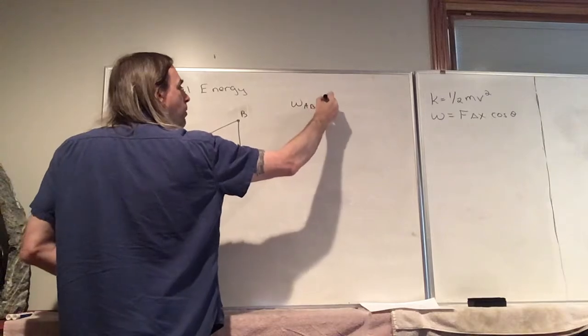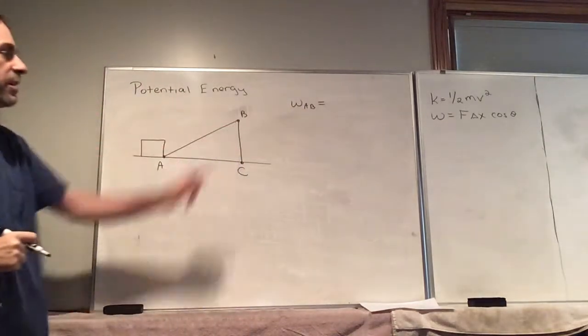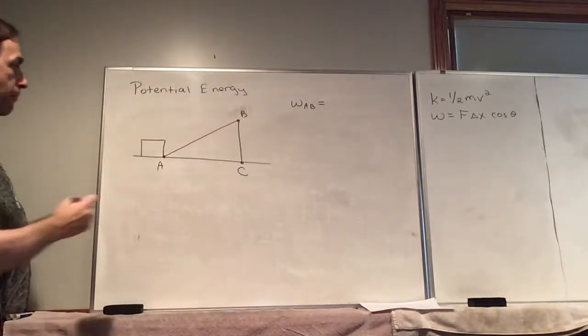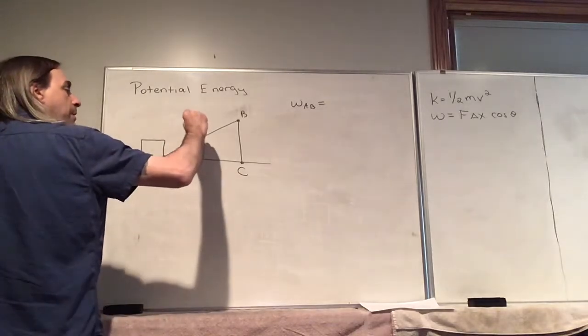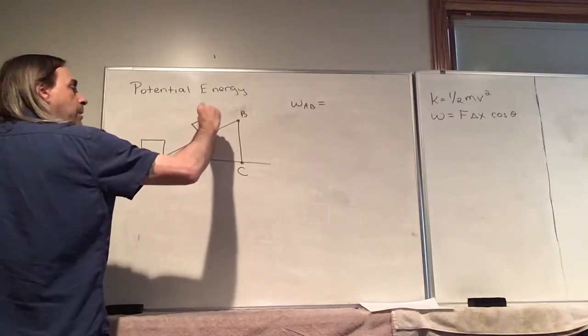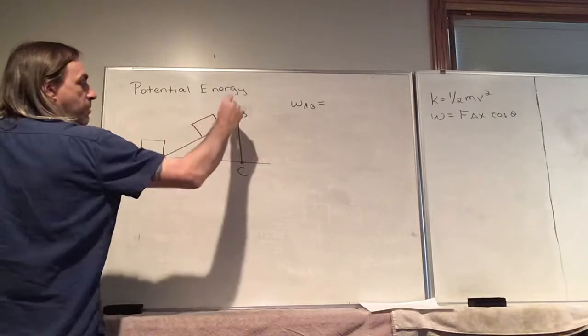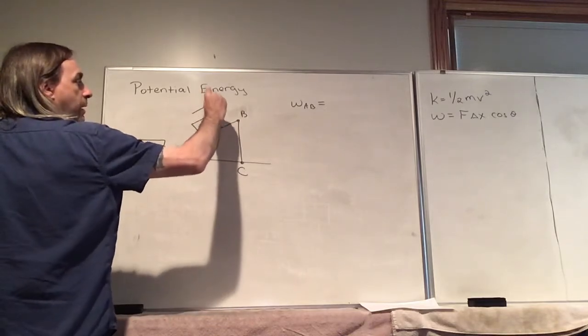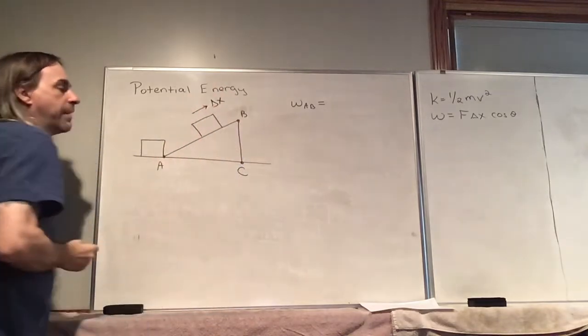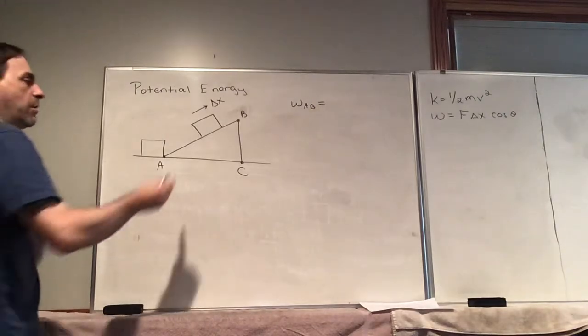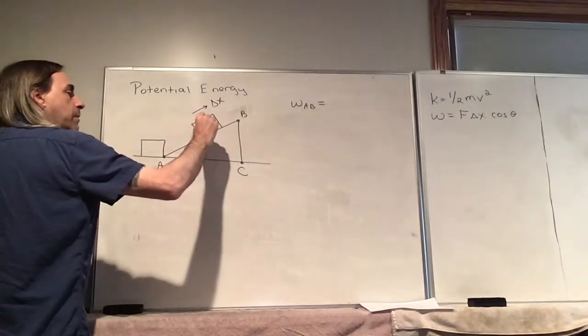So we're going to start with the work done over this path AB. When the mass is on this incline, the displacement, we'll call that the x direction for now, is delta x, and we want to calculate the work done by gravity.